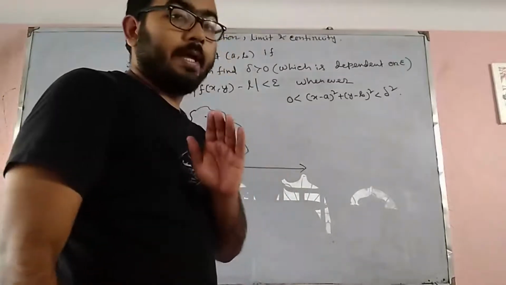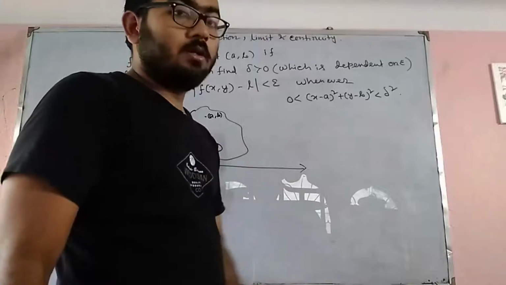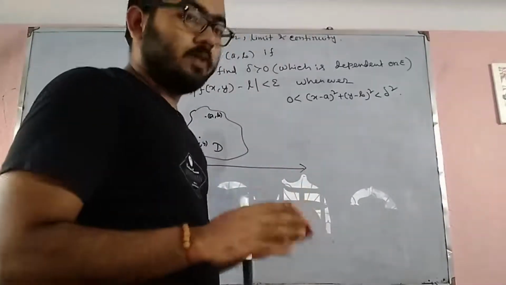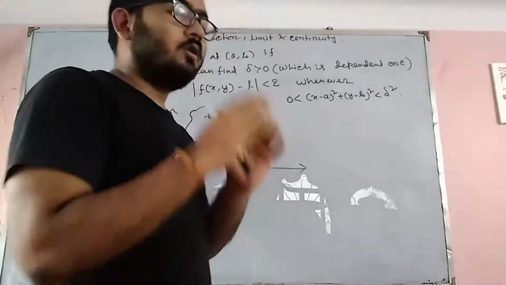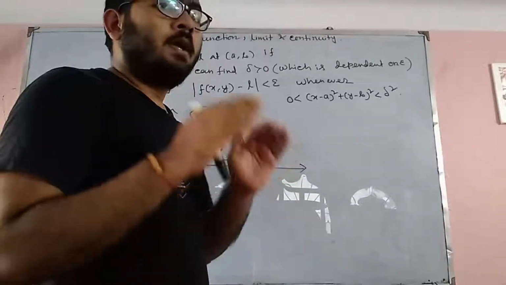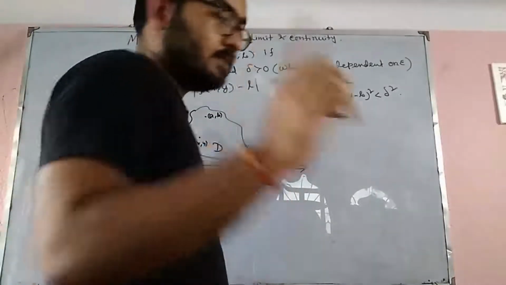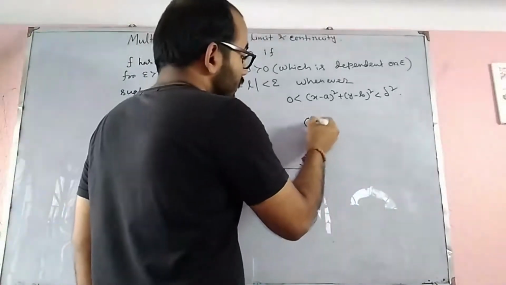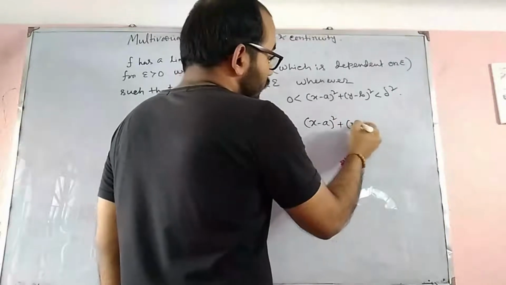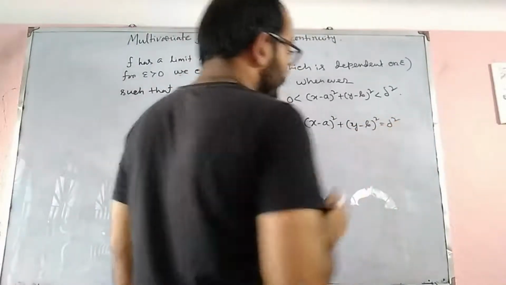Now I will explain this inequality to you. See, we all know that the equation of a circle centered at (a, b) having radius delta is (x minus a) whole square plus (y minus b) whole square is equal to delta square.